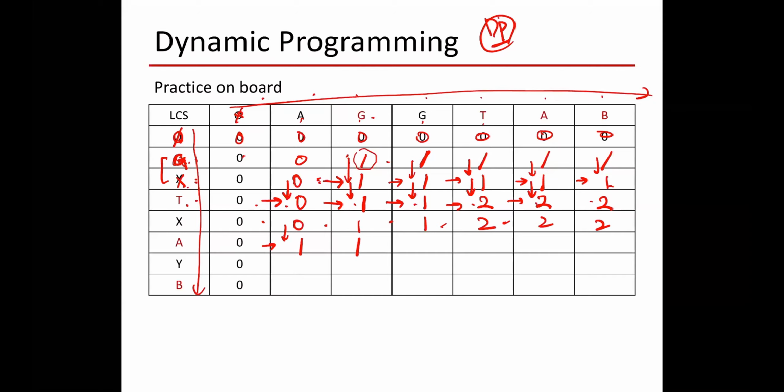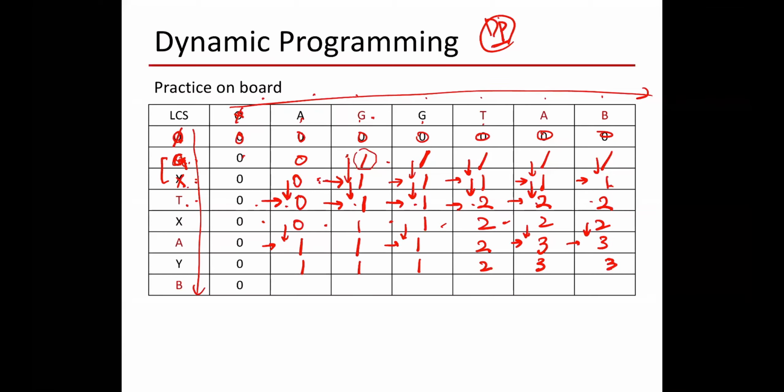G and A doesn't match, bigger number. T and A doesn't match, bigger number. Oh, A and A again, either of 2, bigger number plus 1. Okay, B and A don't match. Clear? Then Y is not appearing in here, meaning I can choose the bigger number, which is just a copy of the previous one.